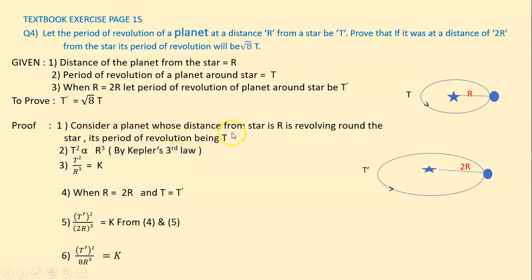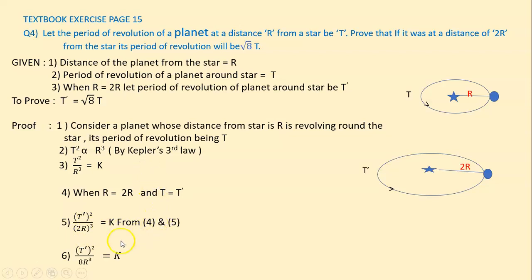Consider a planet whose distance from star is r, travelling around the star, its period of revolution being t. By Kepler's third law, we get t square directly proportional to r cube. T square upon r cube is equal to k. When r becomes 2r and t is becoming t dash, by substituting it, we get t dash the whole square upon 2r the whole cube is equal to k.